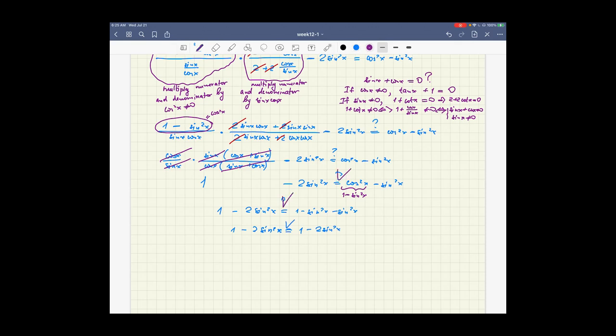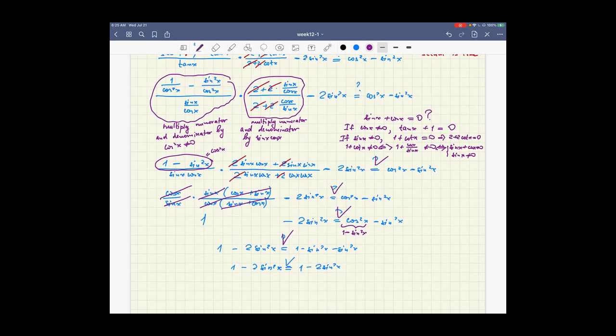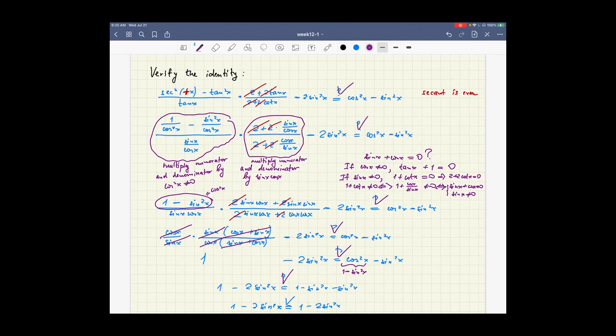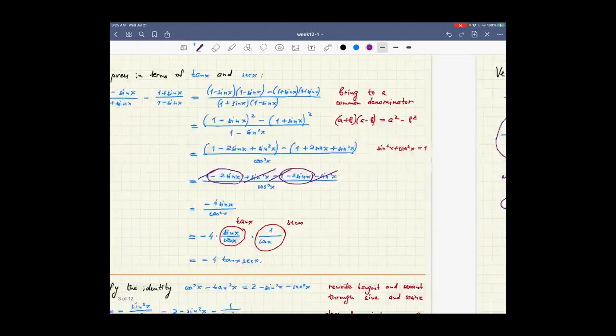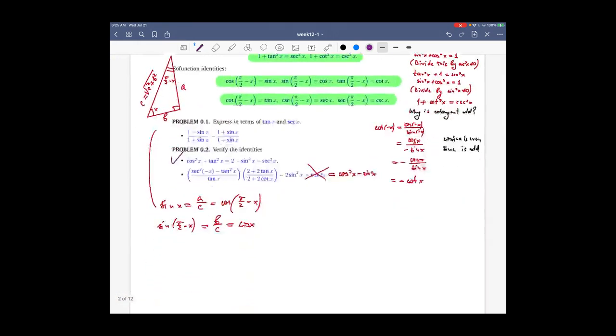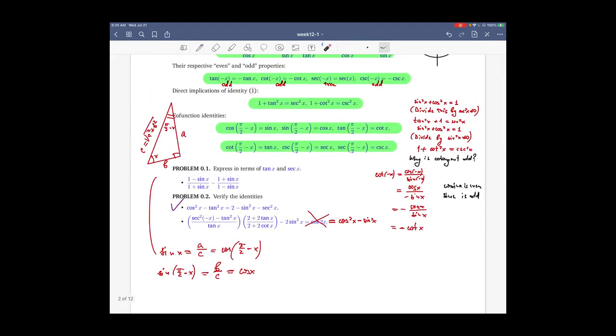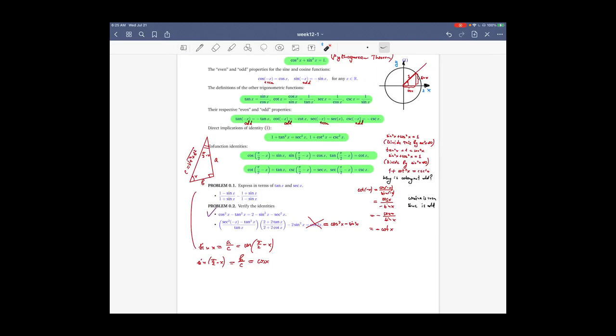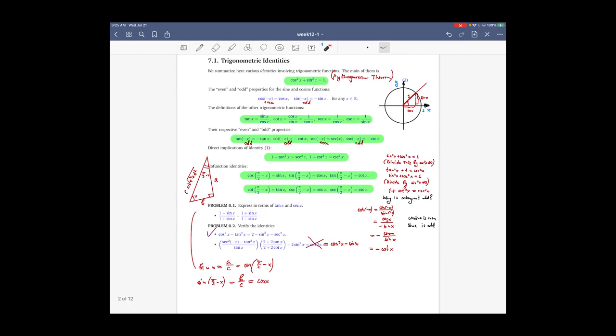And so all of these question marks are actually check marks. So this verifies the second identity on the first page. And the second problem here is now finished.